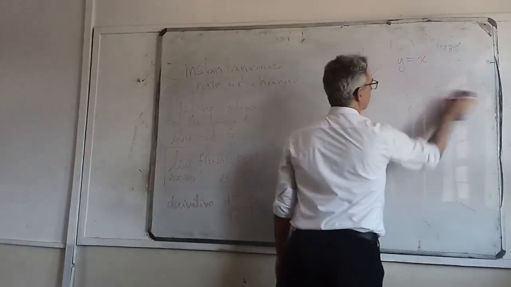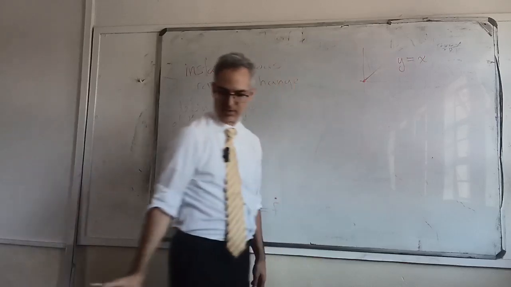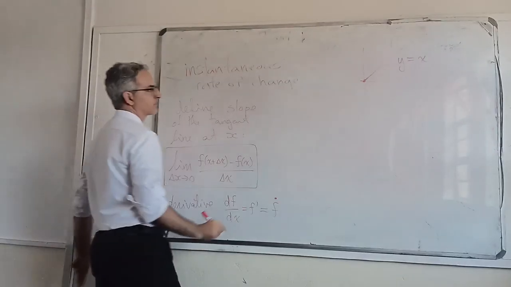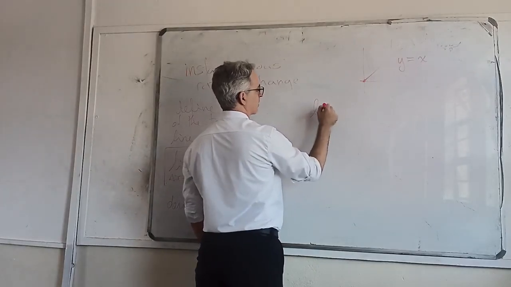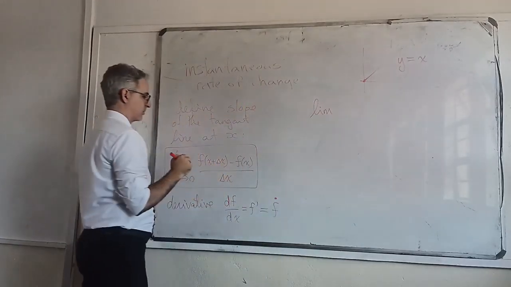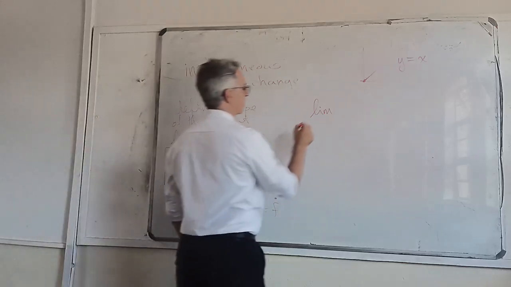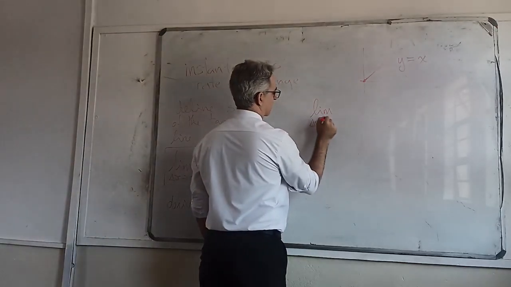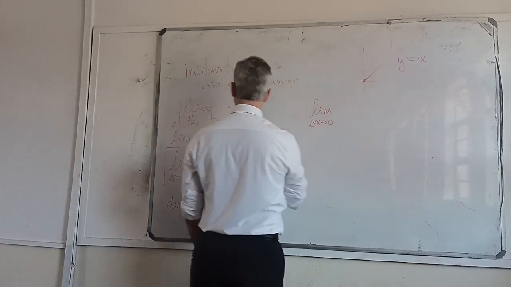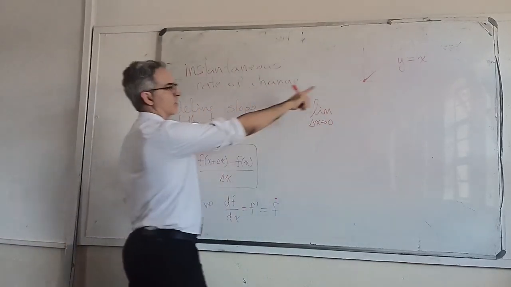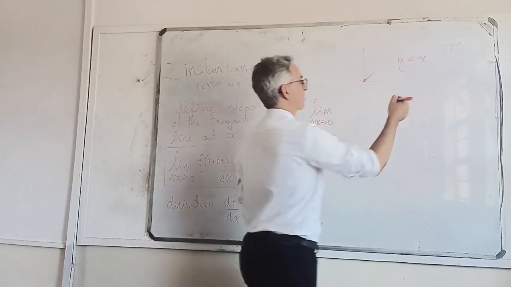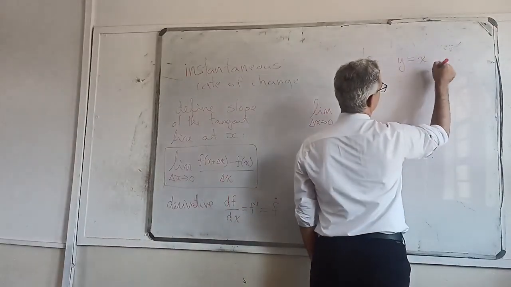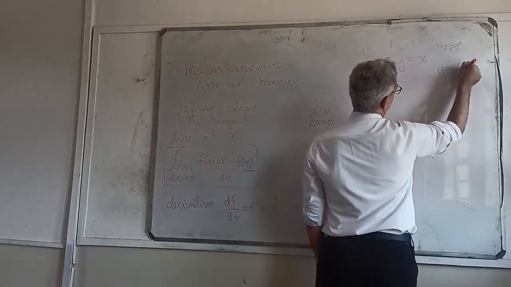Okay. So let's use this now. So we write the limit as delta x goes to 0. But now I know what my function is. What is my function? y is equal to x. So we also say y is f of x.